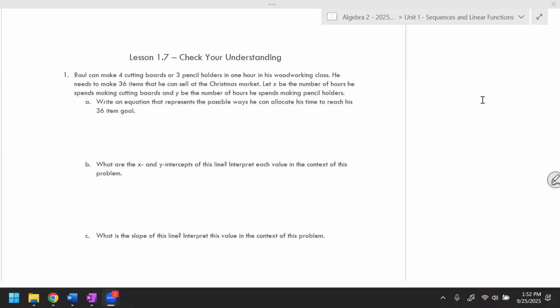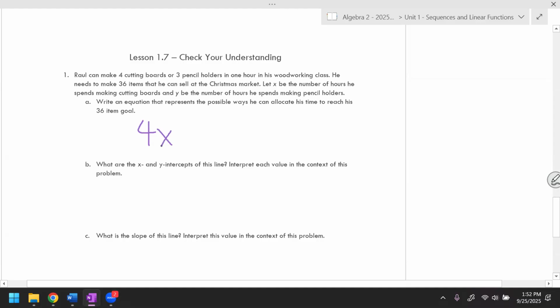Okay, let's read over this one more time. Raul can make 4 cutting boards or 3 pencil holders in an hour. He needs to make 36 items. Let X be the number of hours he spends making cutting boards, and Y be the number of hours he spends making pencil holders. So if he spends X hours making cutting boards, what does 4X represent?